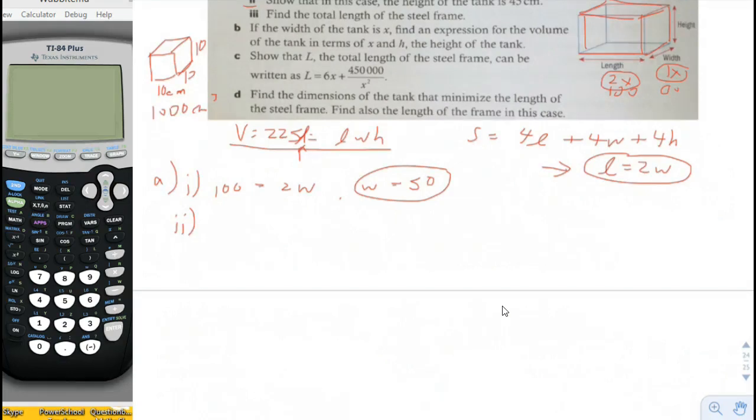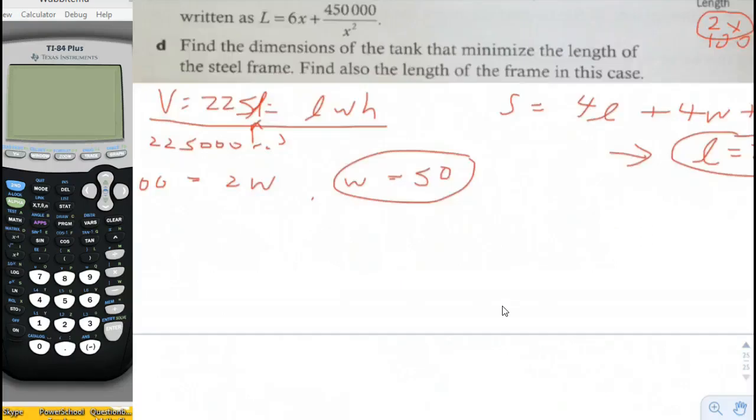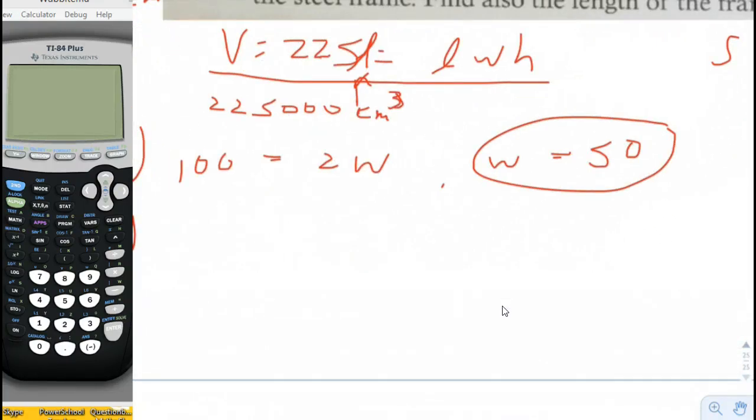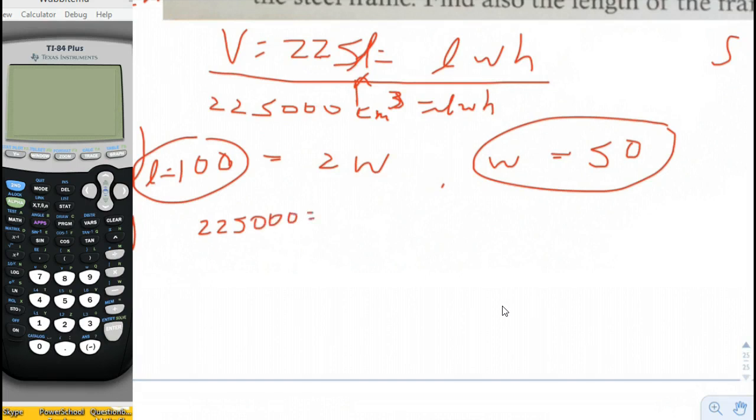So our equation is actually going to be 225,000 centimeters cubed is equal to length times width times height. Okay, so we know that the width is 50, the length is 100, and we know that we have this. So we're going to have 225,000 equals length times width times height.